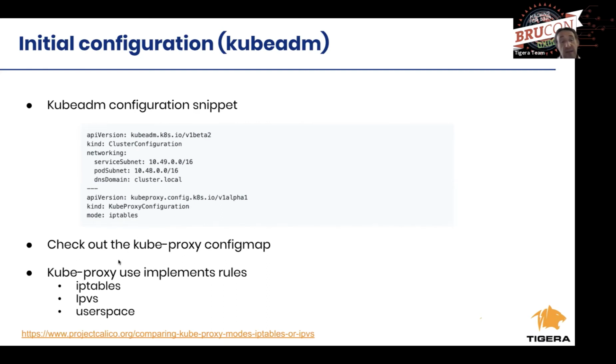Alternatives to Iptables are IPVS or NetNS. It's a more efficient way of doing the distribution and load balancing. It's faster. The problem is that it's not in the Linux kernels by default.